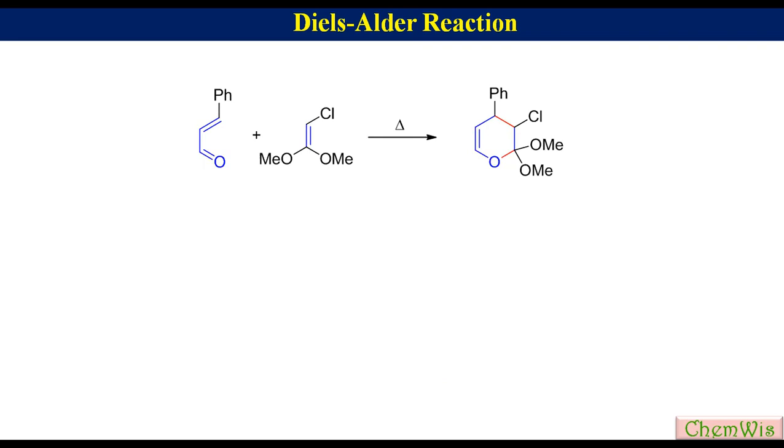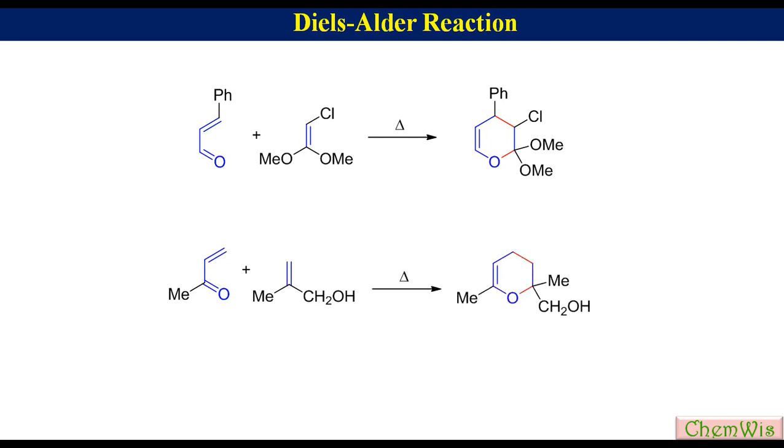Reaction of alpha beta unsaturated aldehyde with alkene gives 3,4-dihydropyran derivative. Similarly, reaction of alpha beta unsaturated ketone with alkene gives 3,4-dihydropyran derivative.